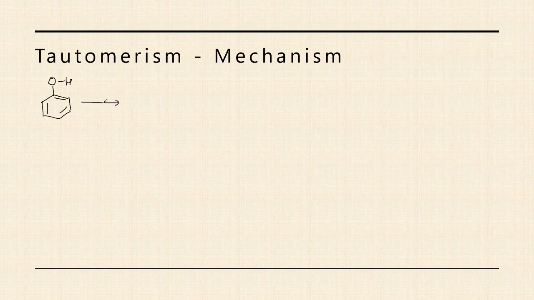So what we would do is we'll react it with OH minus, we'll remove this proton, and we will form this species, O minus. This is an enolate ion, and then the negative charge will delocalize.